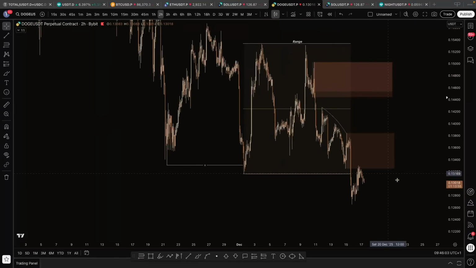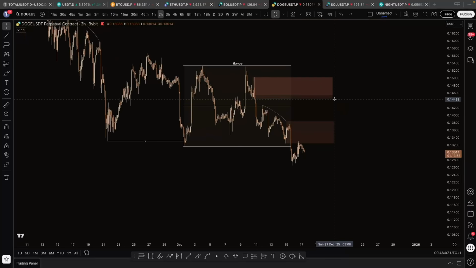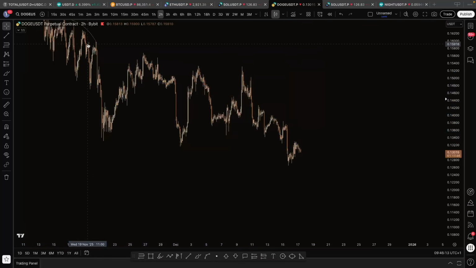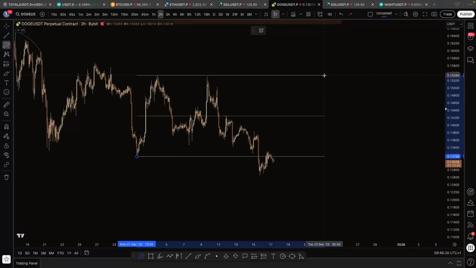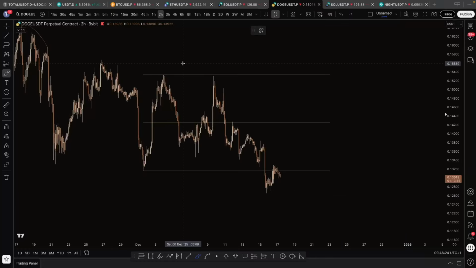On Doge, we were watching this PO3 idea. I'm gonna delete this. We were watching this PO3 idea, but you can now wait, because I really love those equal highs above.